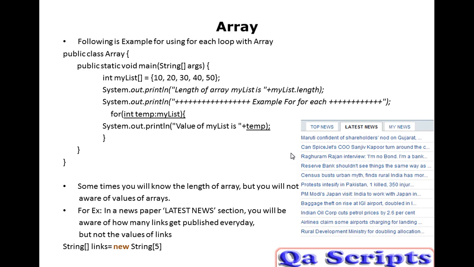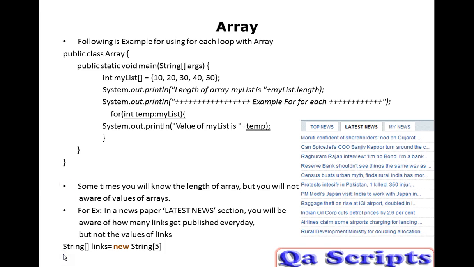How to declare that kind of array is very simple. Here I am using String as the data type, and as usual brackets, then I am saying links, that is the name of the array, equals to, instead of using curly brackets, here I am using a keyword called new. This is an inbuilt keyword in Java, new, all small, followed by String of array.